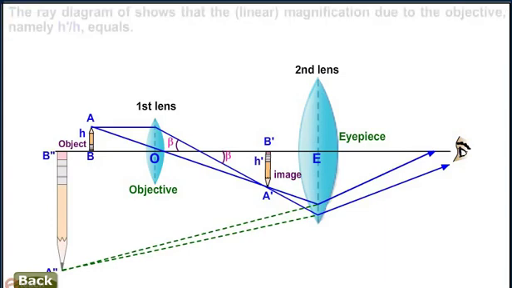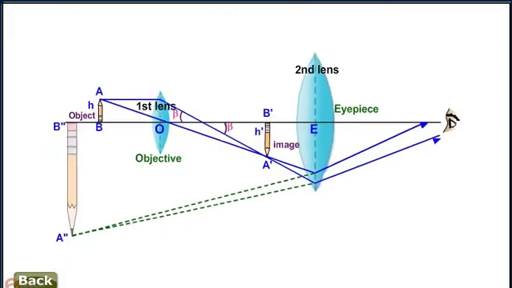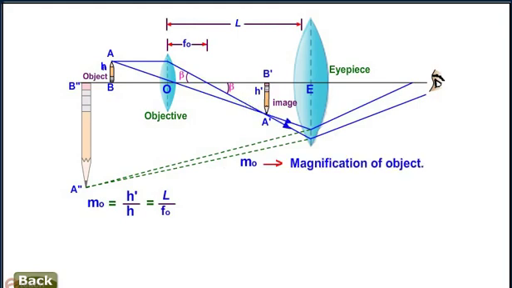The ray diagram shows that the linear magnification due to the objective, namely h prime by h equals L by f naught, where m naught is the magnification of the objective, h is the object size, h prime is the size of the first image, and f naught is the focal length of the objective.